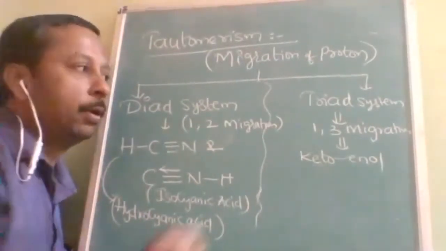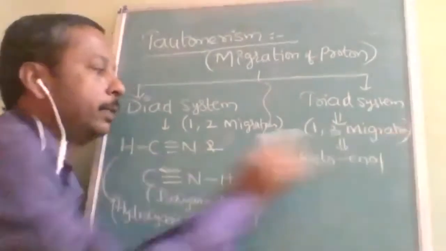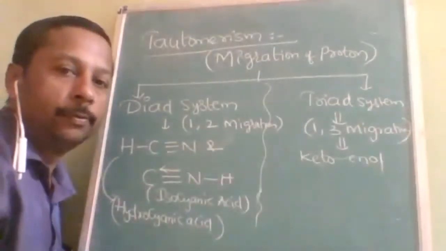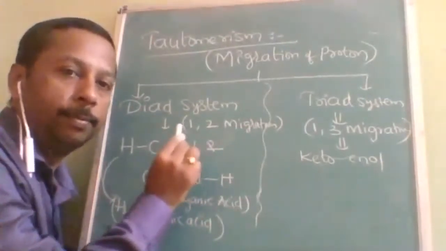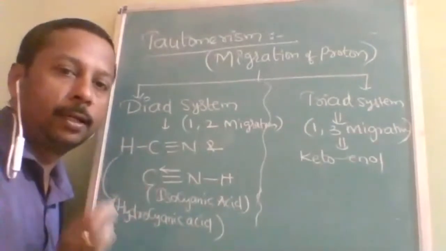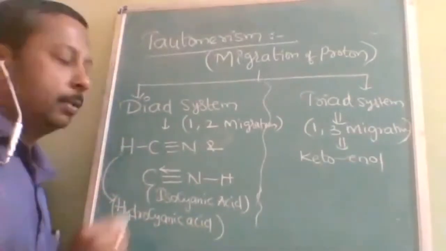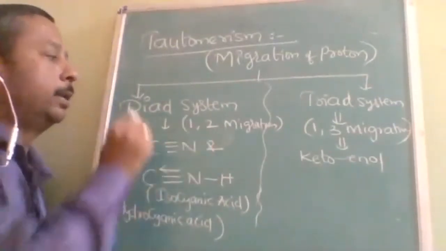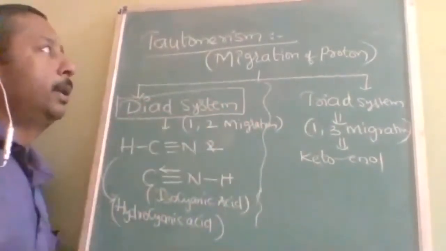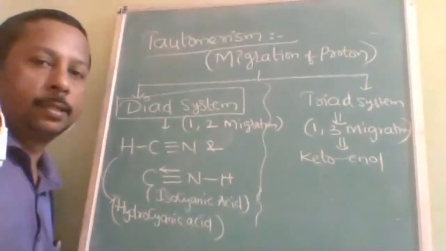Normally there are two types of migration, 1,2 migration and 1,3 migration. Don't confuse this numbering with the IUPAC numbering used in naming. This is nowhere related to that. Let us take the 1,2 migration. The tautomers obtained in 1,2 migration are called a dyad system.